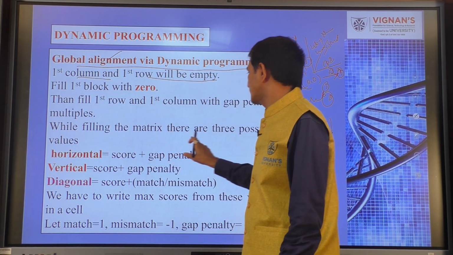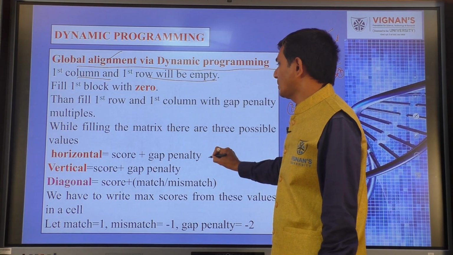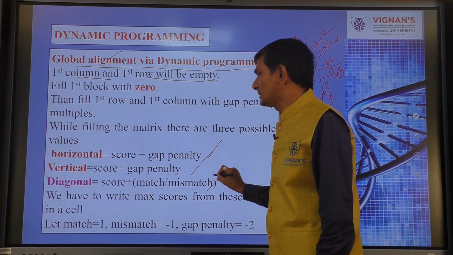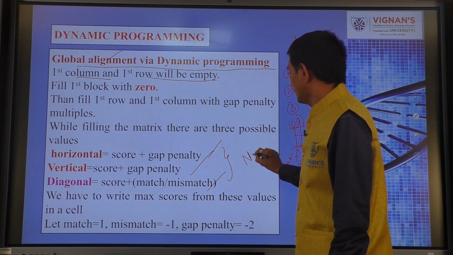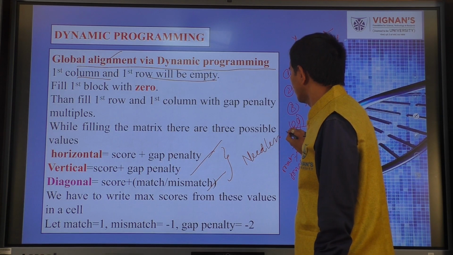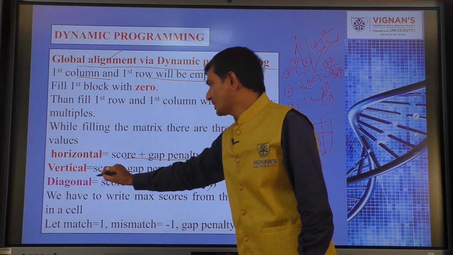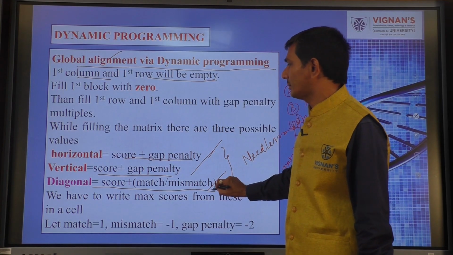While filling the matrix, there are 3 possible values: change in row, change in column, and change in both row and column. All these 3 conditions are clearly specified in the Needleman-Wunsch algorithm. The first one is change in row, the second is change in column, and the diagonal indicates change in both row and column.